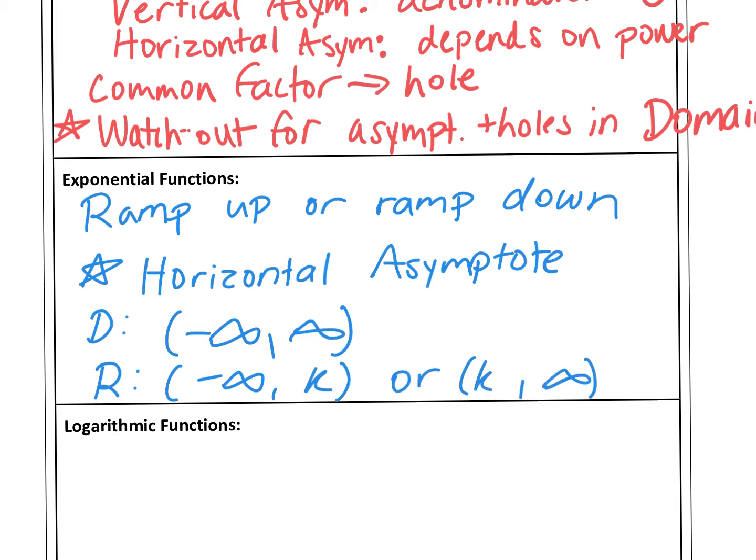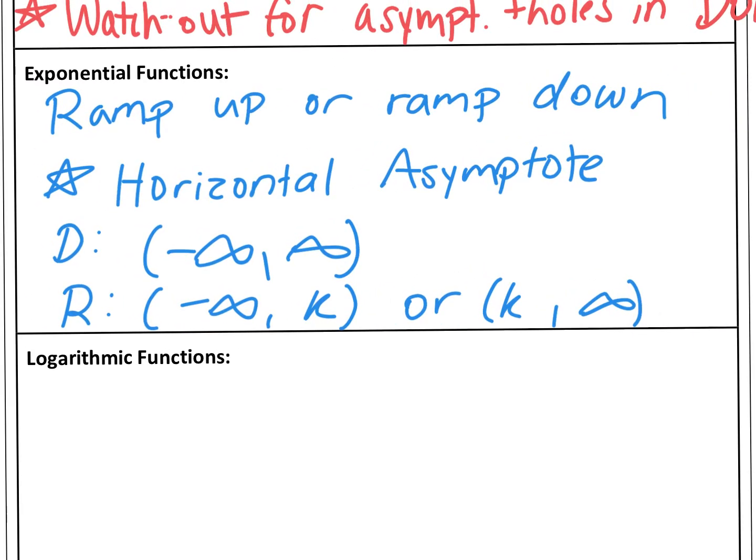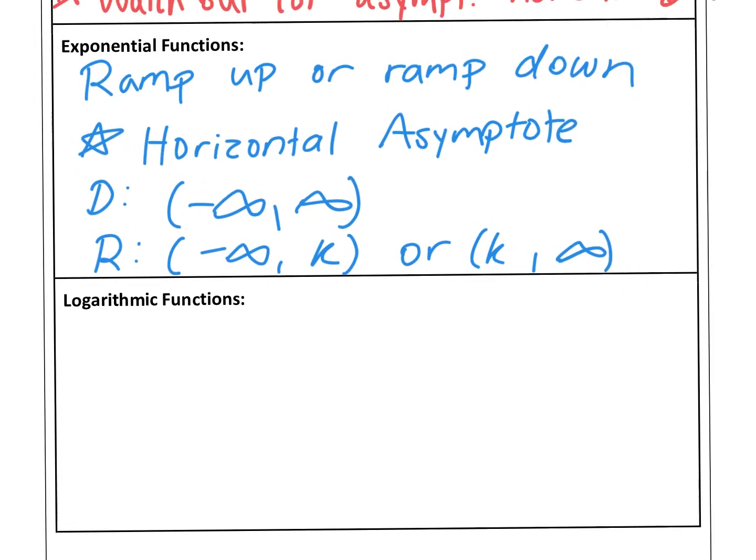Or if you want to, instead of writing k, you could write the horizontal asymptote, right? So start at that asymptote and go to infinity if it's exponential growth. If it's decay, though, we're starting at negative infinity and we're ending at that asymptote. So k or ha, whatever you want to put there. Okay? Cool. I like it.